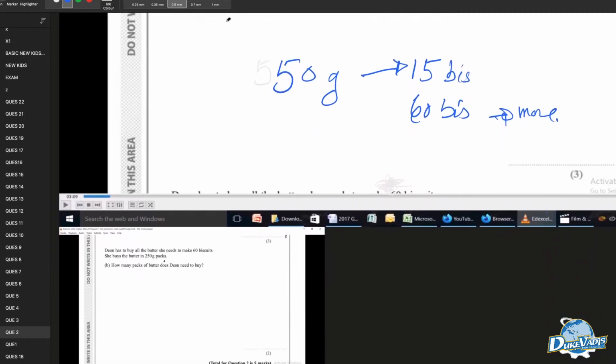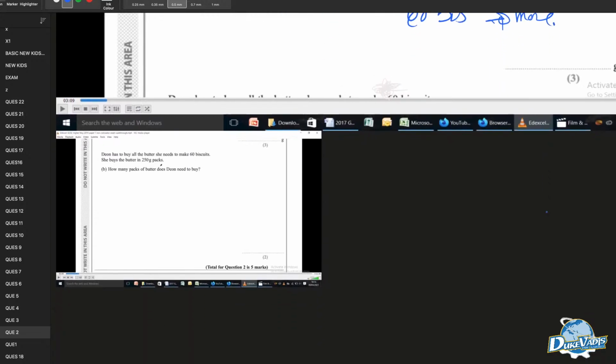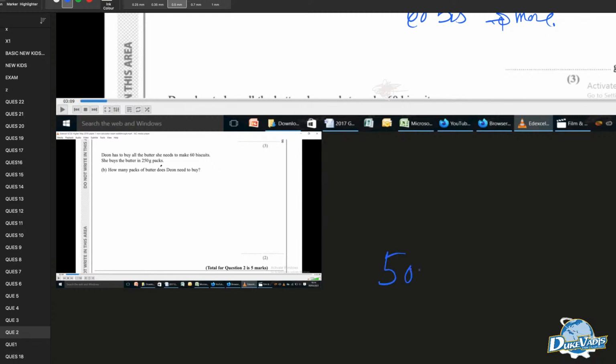So 50 grams is proportional to 15 biscuits, so 60 biscuits will be more. If more, let's divide. So it will be 60 over 15 times 50.